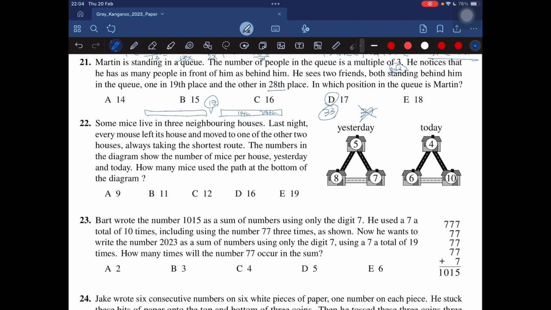Some mice live in 3 neighboring houses. So like this, every mouse left its house and moved, taking shortest routes. The number in the diagram shows the number of mice in the house. So yesterday and today, how many mice use the path at the bottom of the diagram?